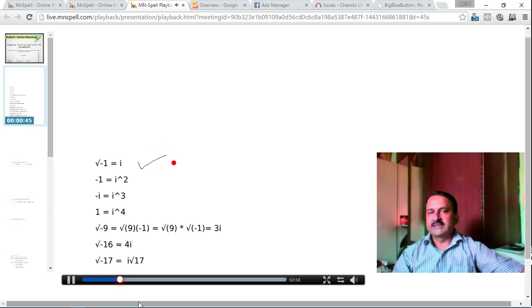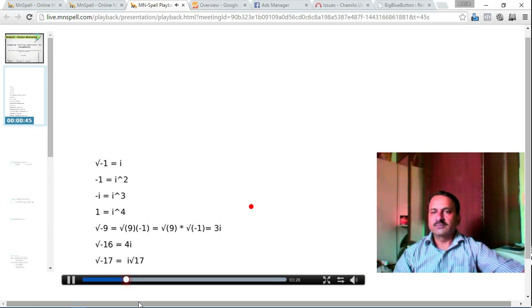Squaring both the sides, we get minus 1 equal to i square. If we multiply i both the sides of this expression, we will get minus i equal to i cube. And if we square both sides of this equation, we will get 1 equal to i to the power 4.